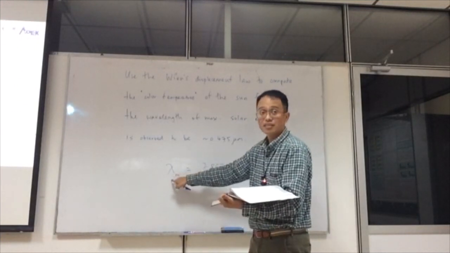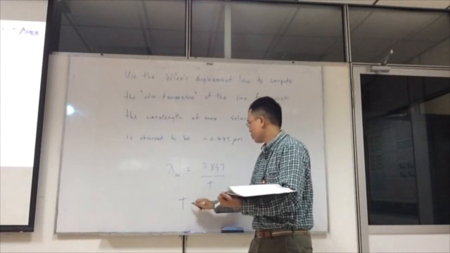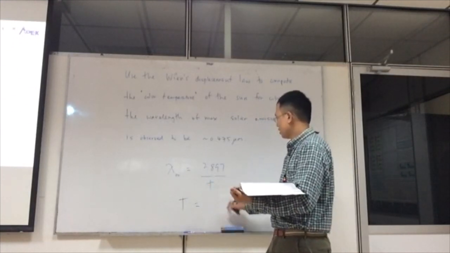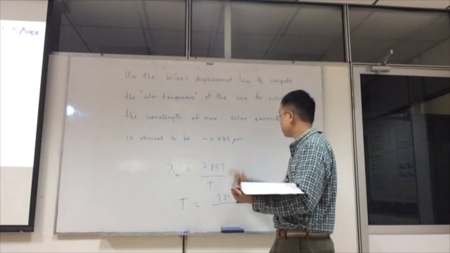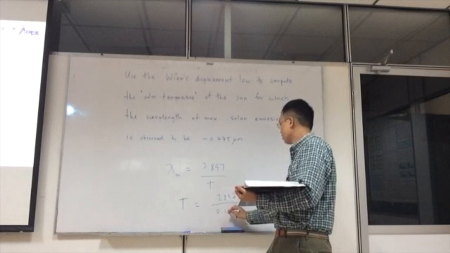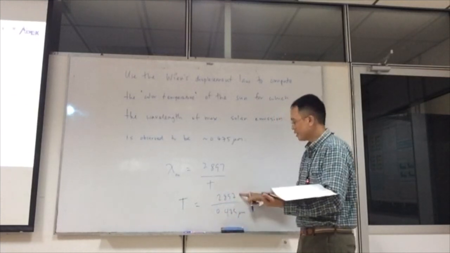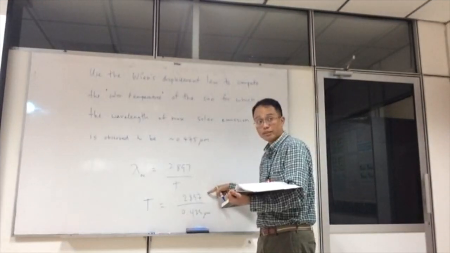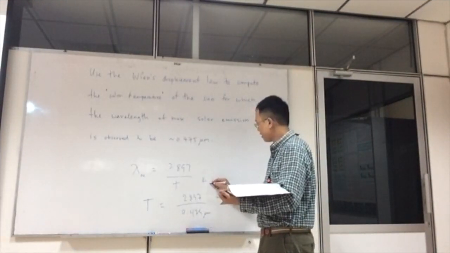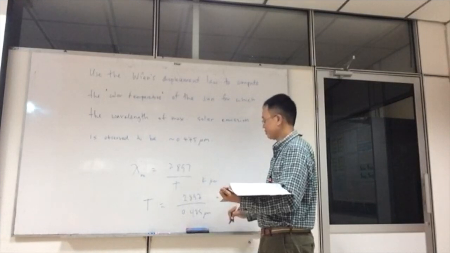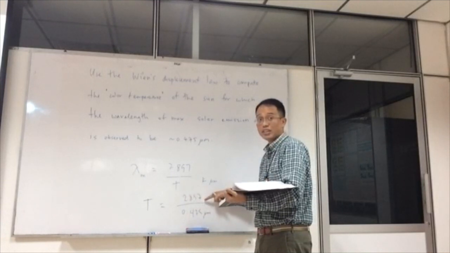So we want to calculate temperature. The temperature at maximum wavelength is simply 2897 divided by 0.475 micrometer. There is a unit here that cancels micrometer to change to Kelvin. I think the unit should be K micrometer, where you can cancel these two. So that is the unit of this 2897, although it didn't state it there.